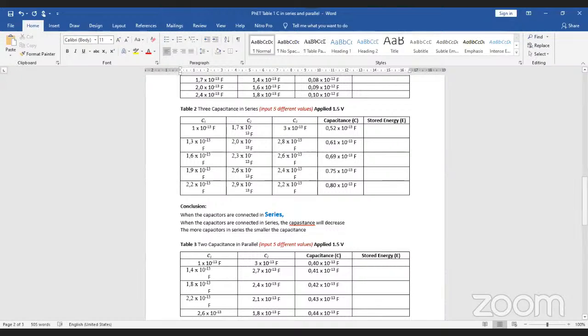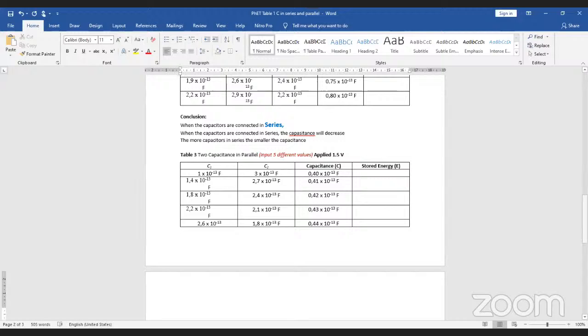In table 3, two capacitors in parallel. Capacitor 1, we got 1 times 10 to the power of 13 farad. Capacitor 2, we got 3 times 10 to the power of 13 farad.